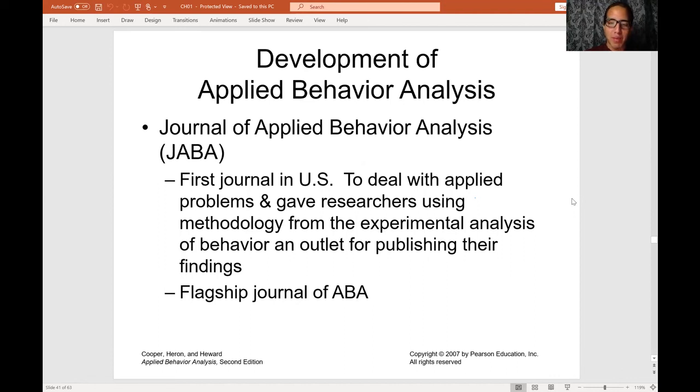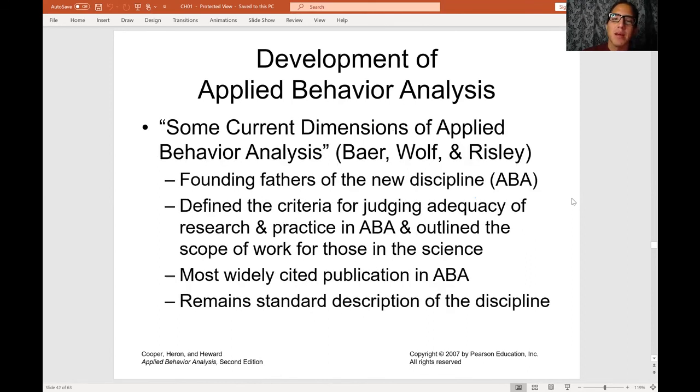The Journal of Applied Behavior Analysis, JABA, was the first journal in the US to deal with applied behavior problems and gave researchers using methodology from the experimental analysis of behavior an outlet for publishing their findings. It's a flagship journal of ABA.